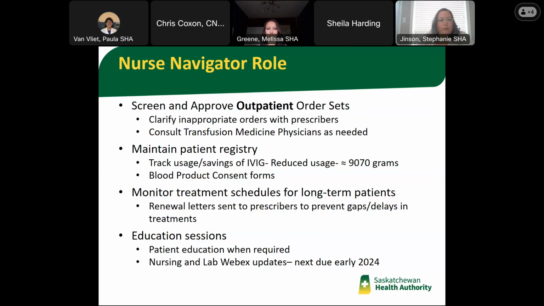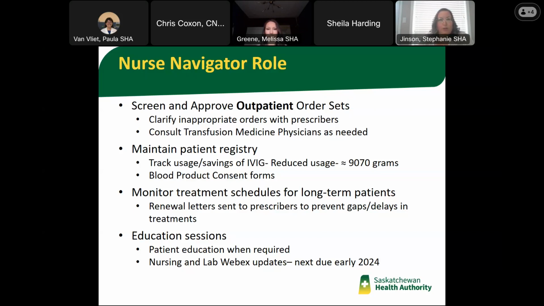We're also registered in our patient registry. We keep track of blood product consent forms. So as you know, IVIG is a blood product and needs consent yearly. So we are monitoring all of those IVIG product consent forms. This is something that used to fall onto the clinics and the bedside nurses, so we've taken that on for them. We are monitoring treatment schedules for long-term patients.